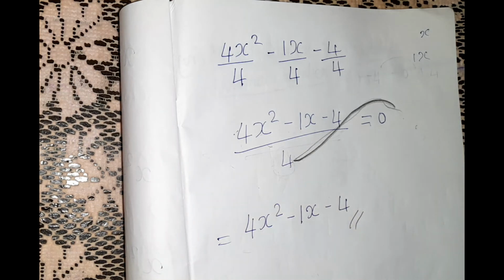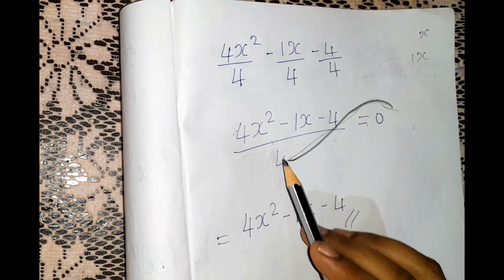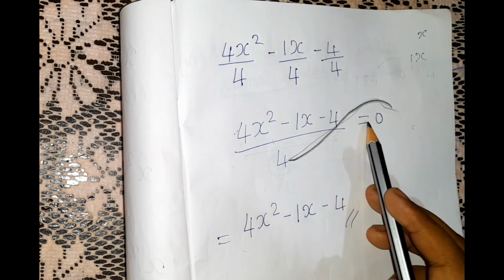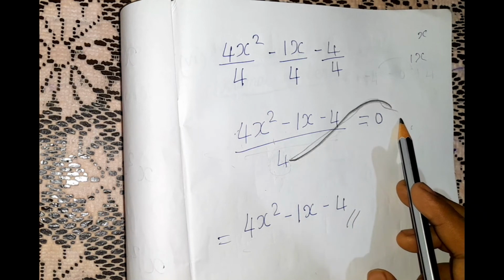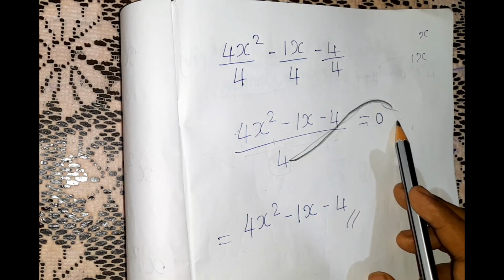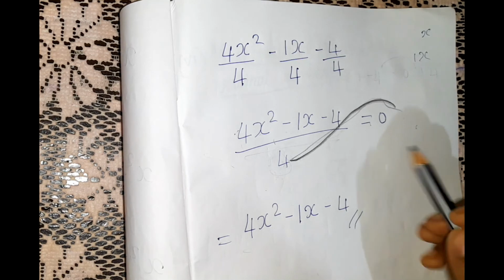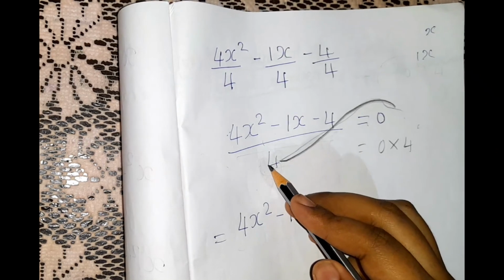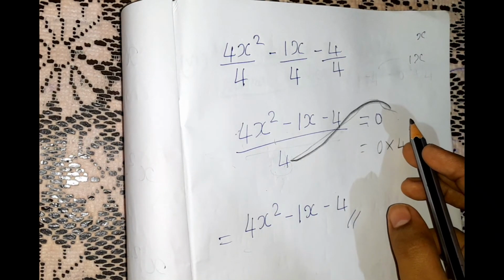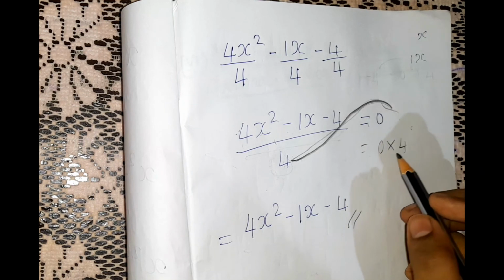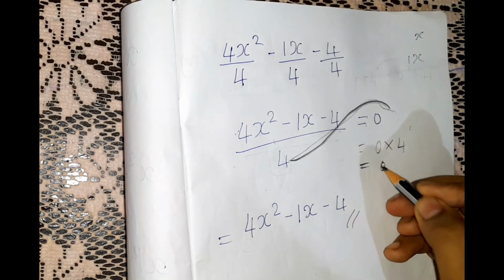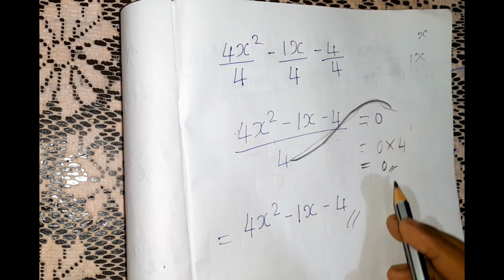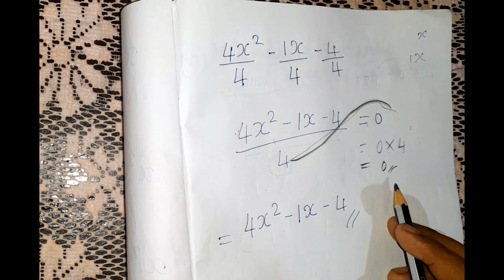Okay. So, here we had 4 which was in the division form. When it crosses this bridge, that is the is equal to bridge, it converted into multiplication. Okay. So, it is 0 into 4 when it is in multiplication. So, it is 0 into 4. So, 0 into 4 is 0. So, that is why we did not write that 4. Okay. Why? Because we brought it this side, and when we multiplied it, we got 0. So, no need of writing it.